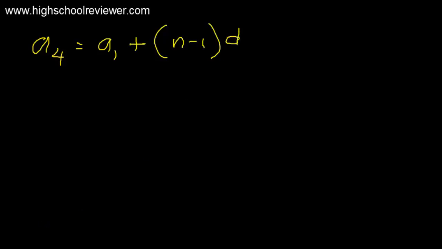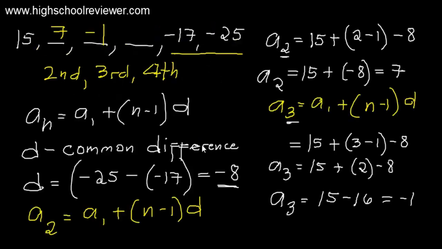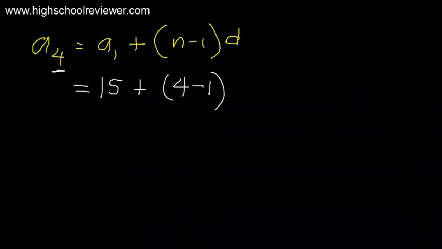The value of a sub 1 is 15, so this will be 15 plus our n, which is the fourth term, so 4 minus 1 multiplied by d, which is negative 8.